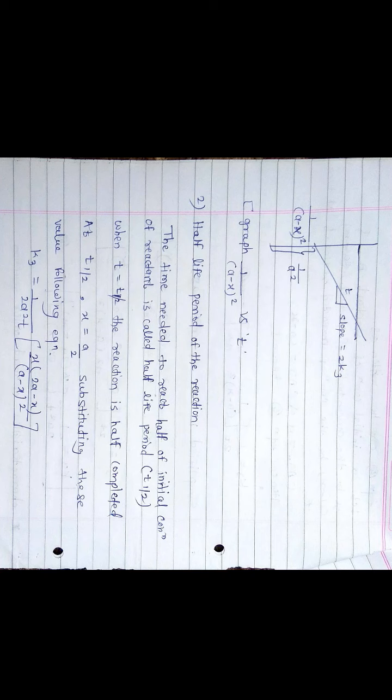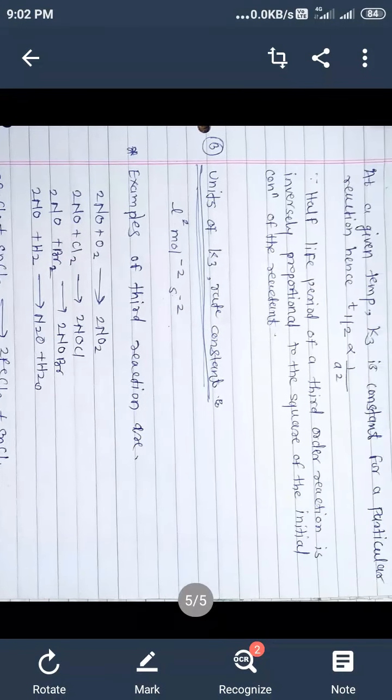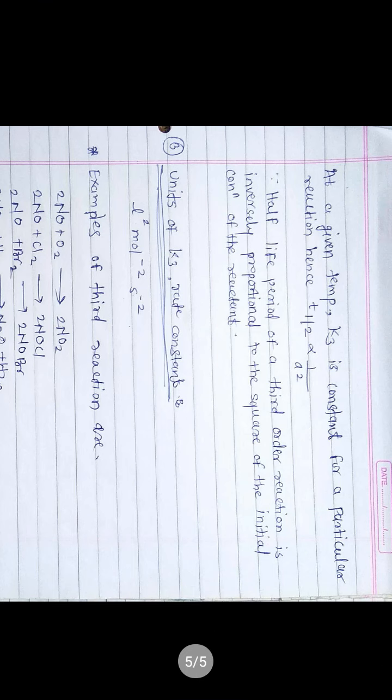Substituting this value, K3 is equal to 1 upon 2a squared t in bracket x(2a minus x) upon (a minus x) squared. Now at a given temperature, K3 is a constant for a particular reaction, hence t1/2 is proportional to 1 upon a squared. Therefore, the half-life period of the third order reaction is inversely proportional to the square of the initial concentration of the reactant.